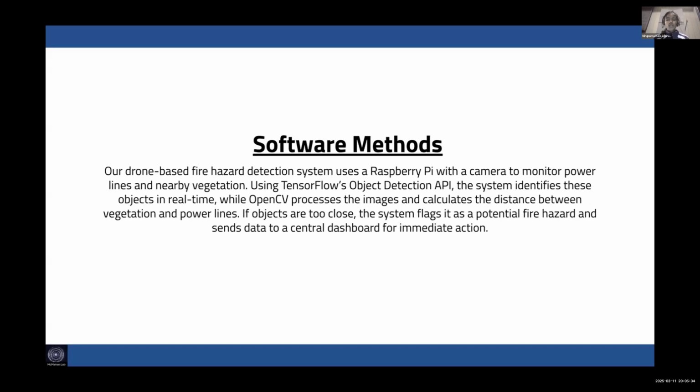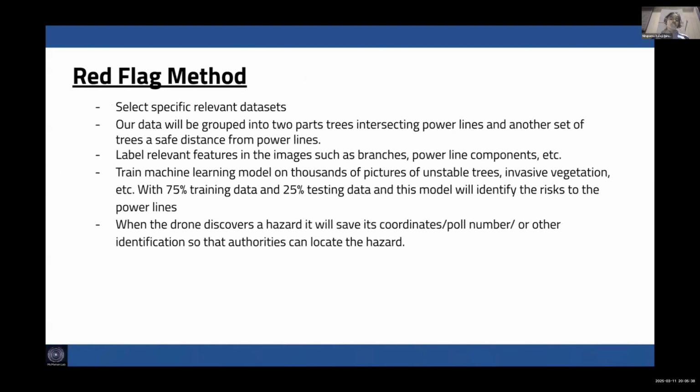Overall, we're using a red flag method, but we do have some other methods. This goes more into the previous method I was talking about. First we'll be selecting relevant data sets, and then we'll group our data into two parts: trees intersecting power lines and another set labeled trees a safe distance from power lines.